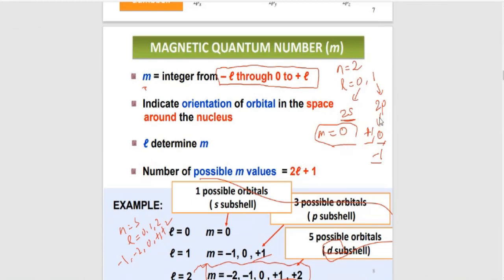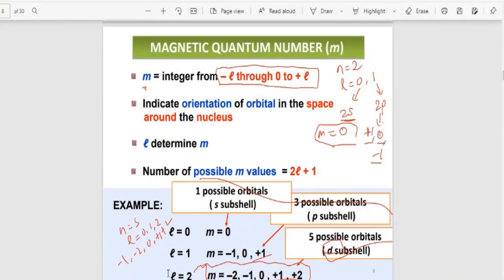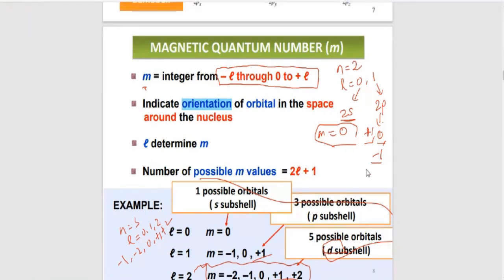Kalau L sama dengan 1, 2 campur 1 sama dengan 3. That's why memang ada 3. Positive 1, 0, negative 1. Kalau L sama dengan 2, 2 darab 2, 4 campur 1, 5. That's why ada 5 kemungkinan. So what is the function? The function is indicate the orientation of orbital in the space around the nucleus.